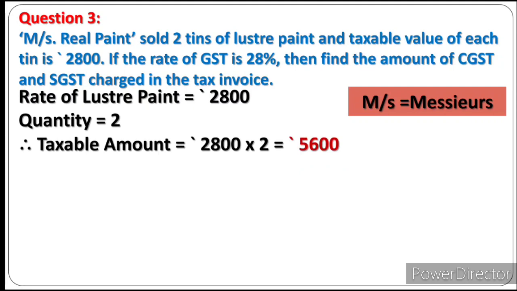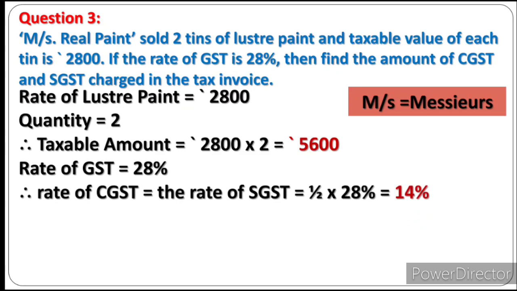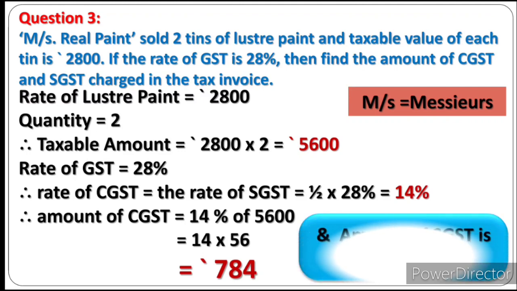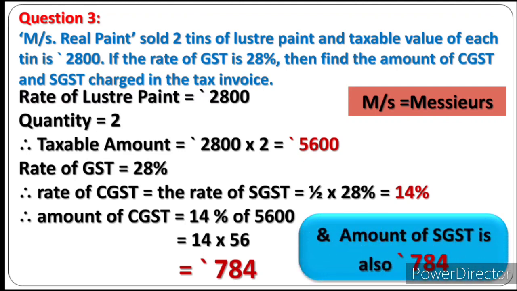On this we have to charge 28% GST, but instead of GST, CGST and SGST are asked, so we will take half of it, that is 14%. What is 14% of 5600? 100 will get cancelled. 14 multiplied by 56 is 784 rupees. As the amount of CGST is 784 rupees, the amount of SGST will also be 784 rupees.